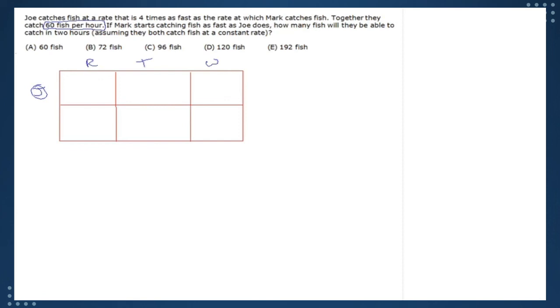So it's not a fractional rate situation. So to start, we have Joe and Mark. Joe catches 4 times as fast as Mark. And we see that in 1 hour, which is the time, they do 60 fish, or catch 60 fish. So doing the math here, we get X is 12.